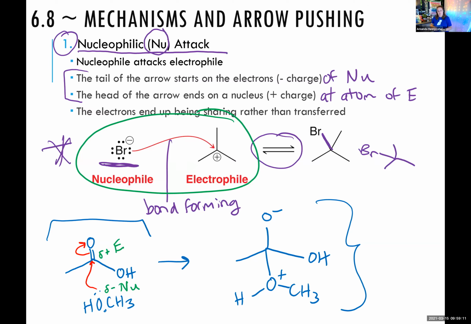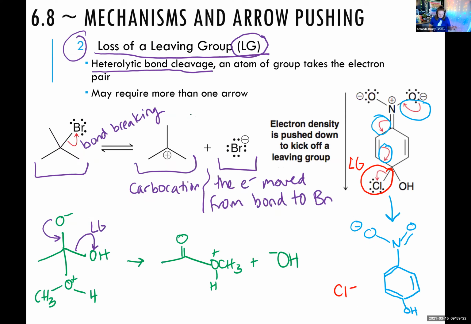I know that went beyond your question, but that's where we're at. Okay, so we did this. Questions about the leaving group before we move on to type number 3?